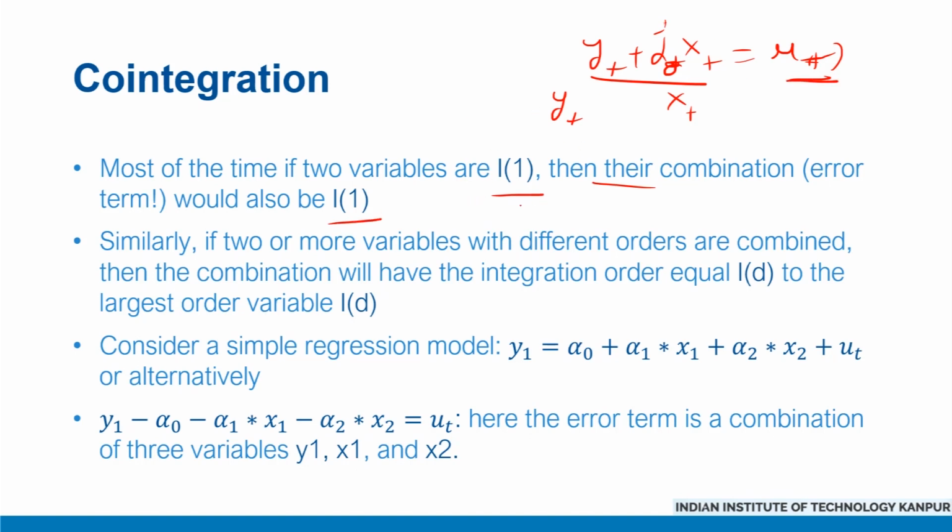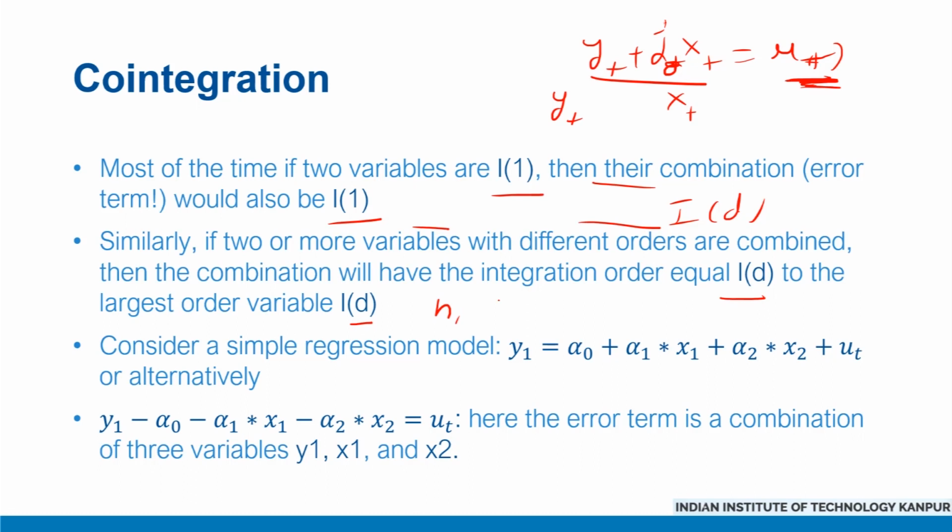So the idea here is that if you combine two or more time series variables with different orders of integration, the combination term, mu t, will be integrated of order d, where d is the maximum order of integration.